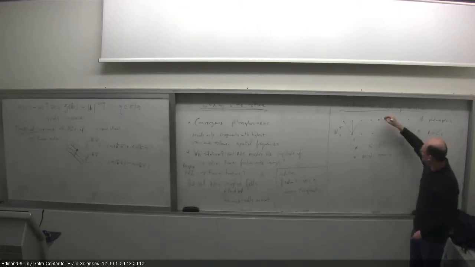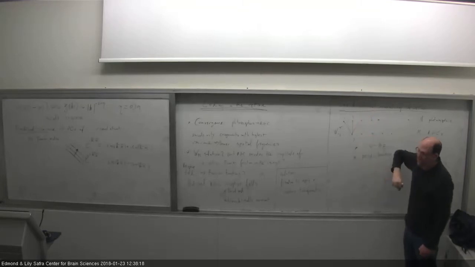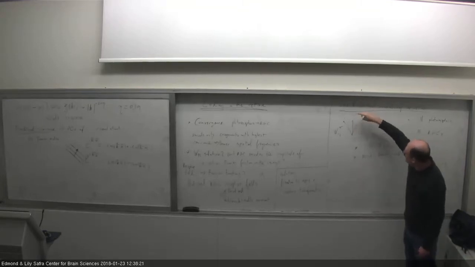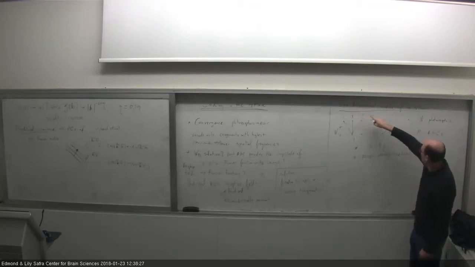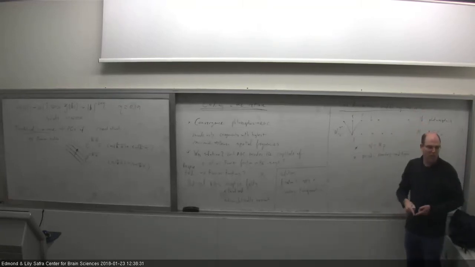Let's go one more step, this and this. And I'm going to assume that at the inputs, it is also the same as the correlation between this and this. Okay. So it's as if it's all on the ring.